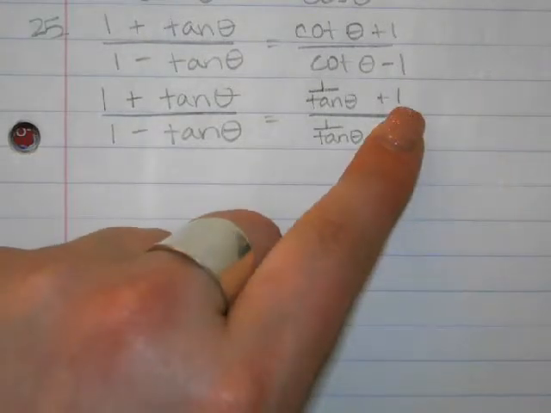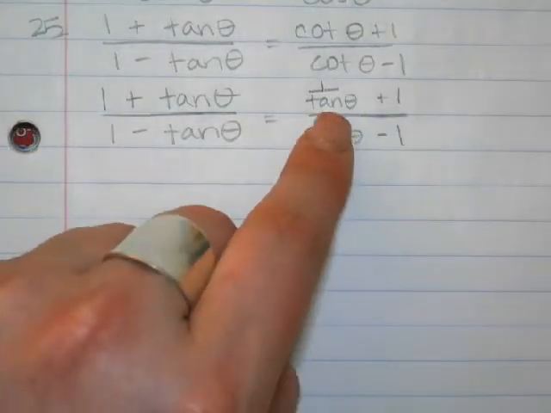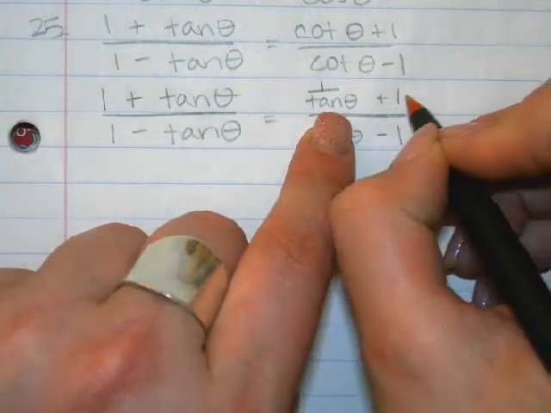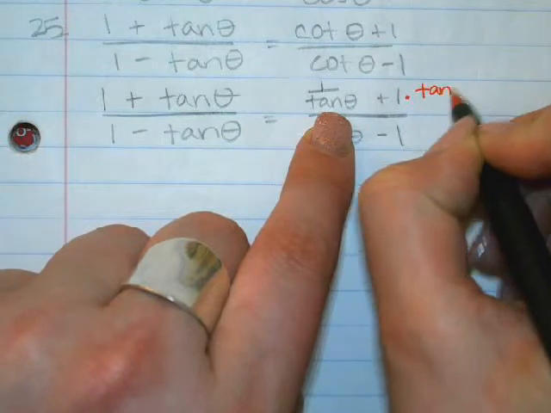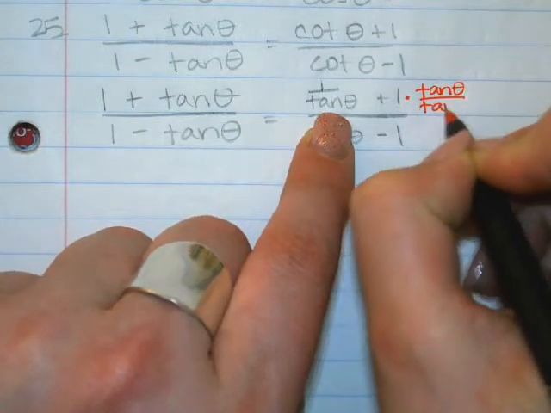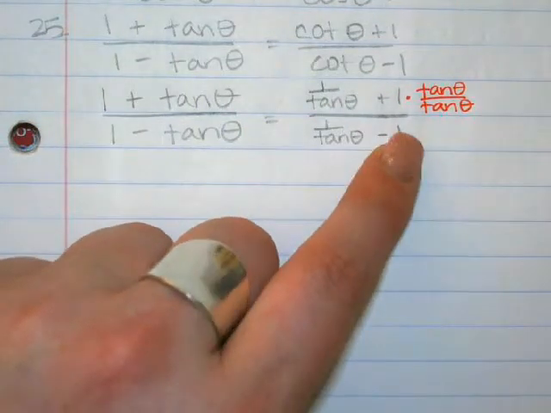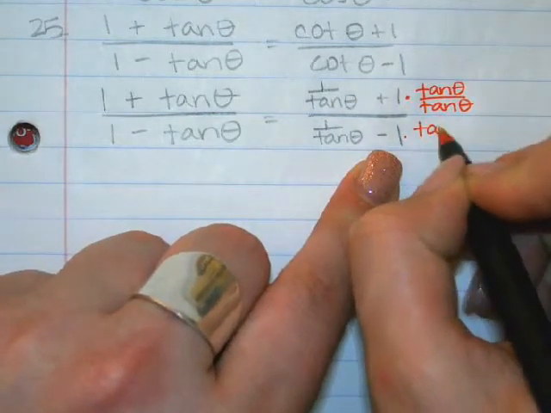So this 1 right here needs to have the denominator of tan. I'm going to take the 1 and multiply it by tan over tan, and do the same thing with the 1 on the bottom.